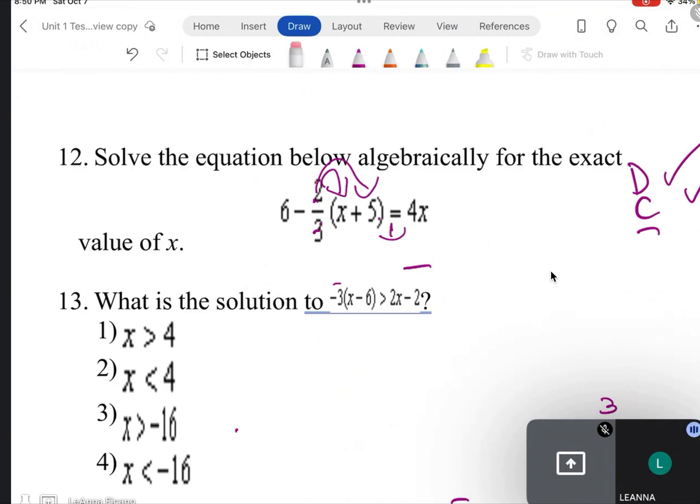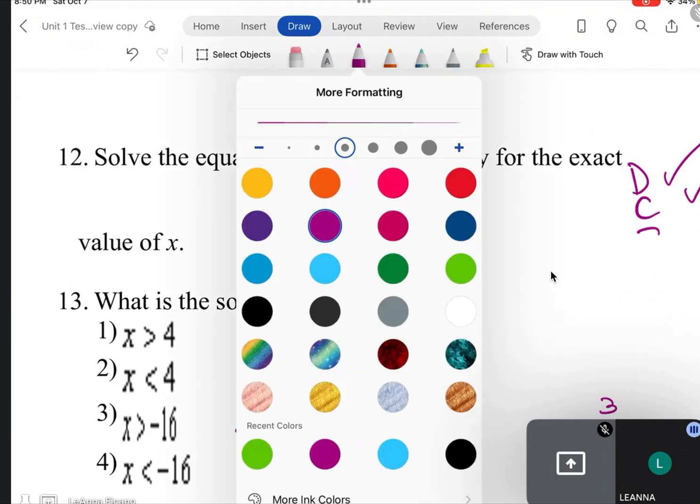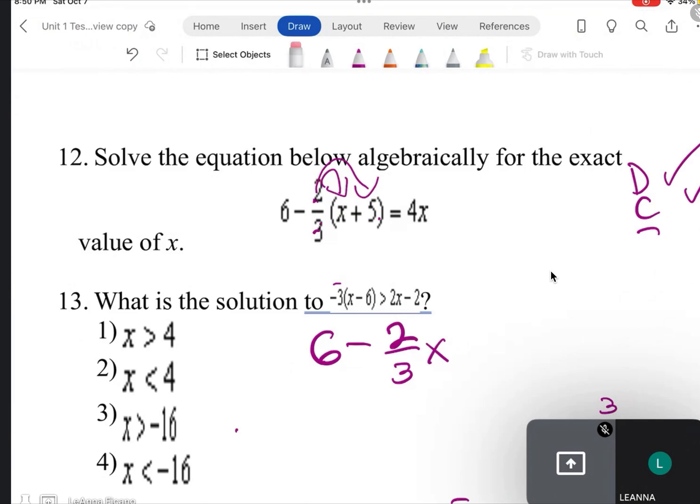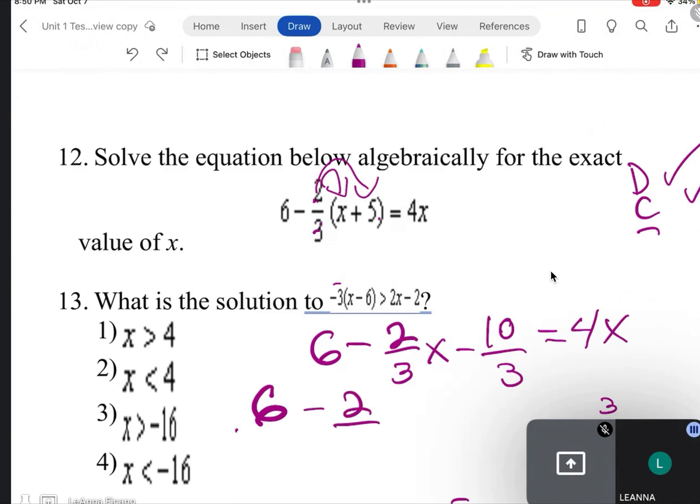But, if you were to put this in the calculator, you would distribute first, right? You'd have 6 minus 2 over 3x. Then we multiplied that negative 2/3 over 5, and we got negative 10 over 3 for x. Then I would combine like terms, but if you didn't, it would still work.